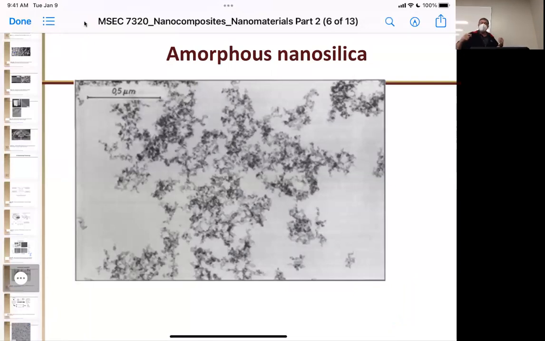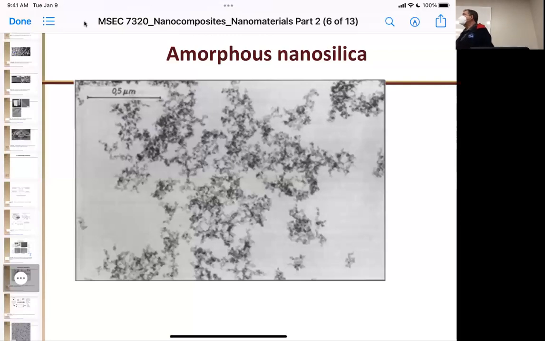Okay, so amorphous silica tends to be made through a thermal process, either a hydro process or a vapor process, where you basically burn silicon tetrachloride in a wet flame, and it produces what we call fumed silica, nano-structured amorphous silica, SiO2.